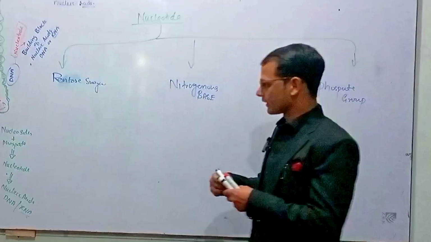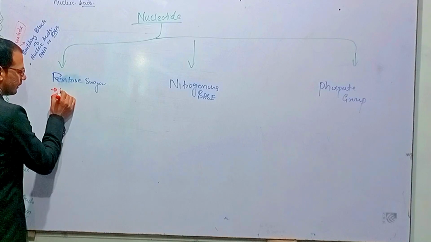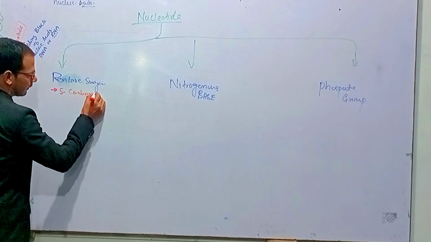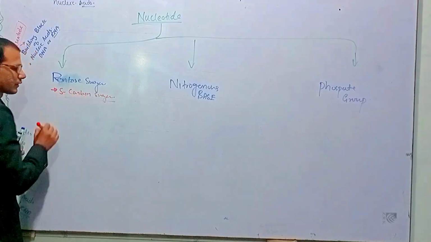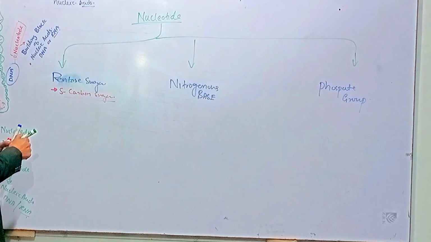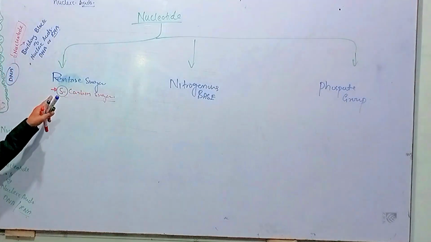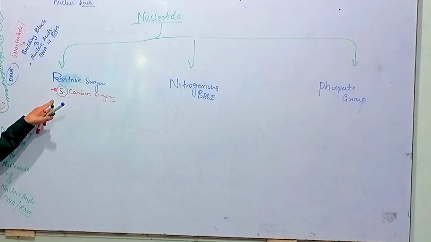Right? The first one is pentose sugar. Pentose sugar is a 5 carbon sugar unit, a ring compound. Right? Each carbon in this ring has its own importance. Right? But we have two types of pentose sugars.